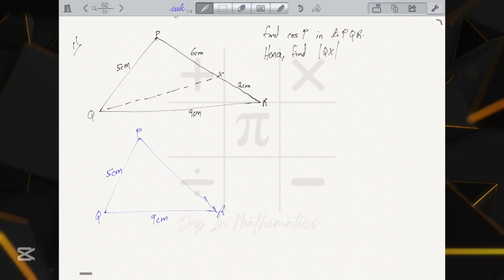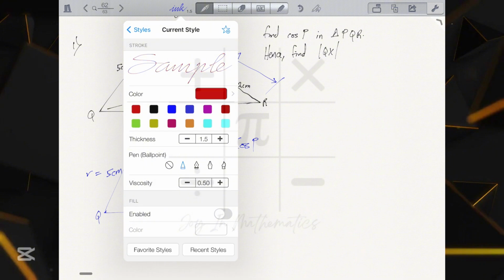And we can see now that QPR, the total length, is going to be equals to 8 centimeters, which we have here. And we are looking for cos P. So with that, we can label Q to be equals to 8 centimeters and R to be simply 5 centimeters.